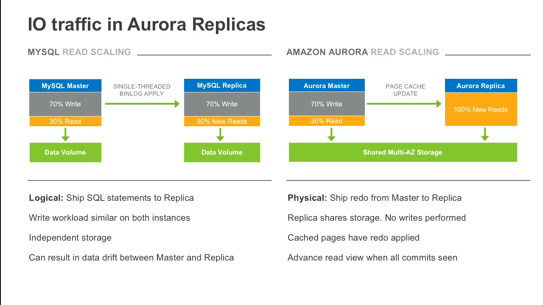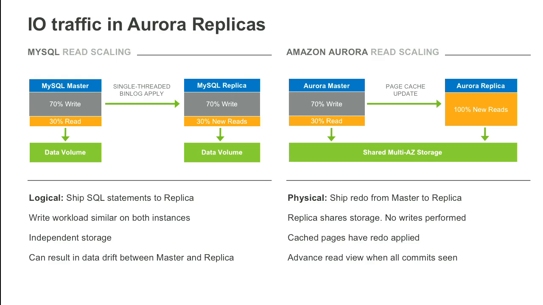So now let me talk about Aurora Replicas, because in earlier slides I had diagrams that had a replica instance and a writer instance. Aurora replication is a little different from MySQL replication, which is logical and based on bin logs, where you have a replica instance that has its own independent volume. You'll have extra storage costs for each replica instance, and the replica is applying your bin logs.